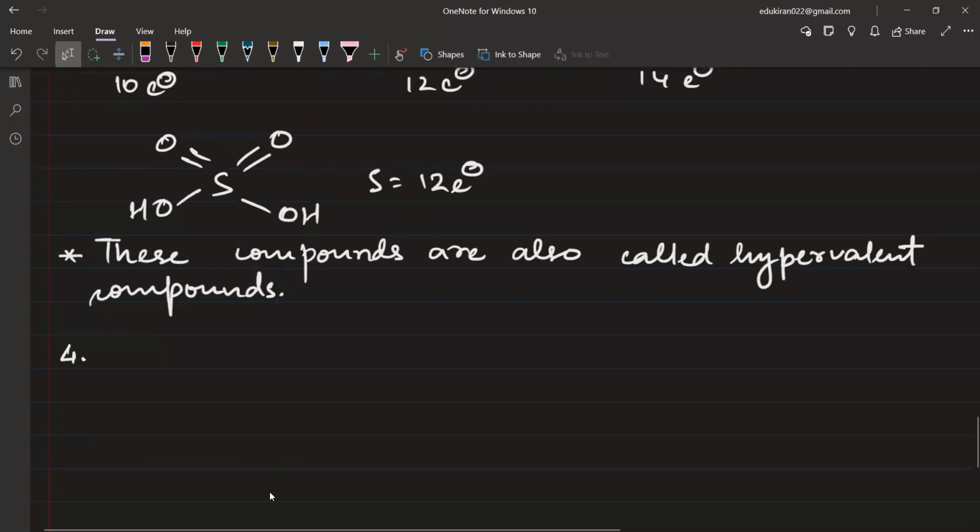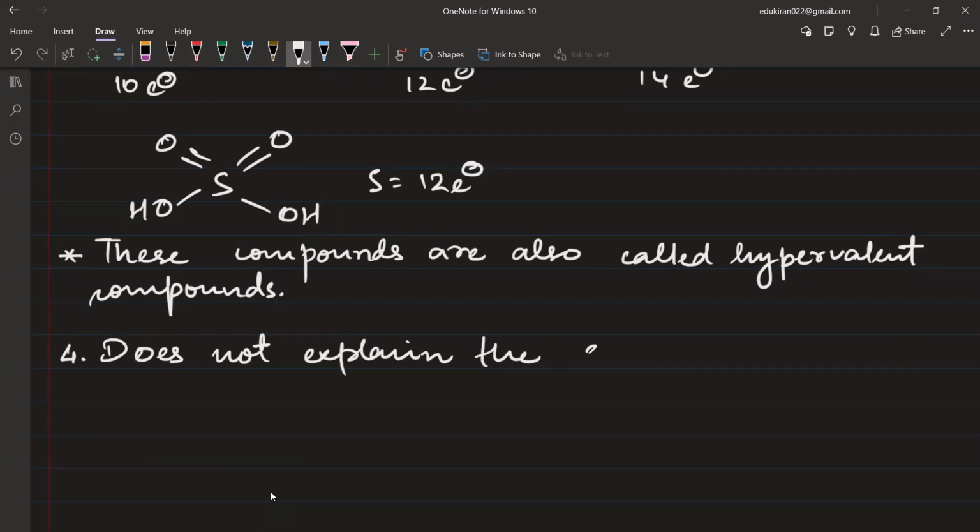And the fourth point, it does not explain the stability of odd electron species.